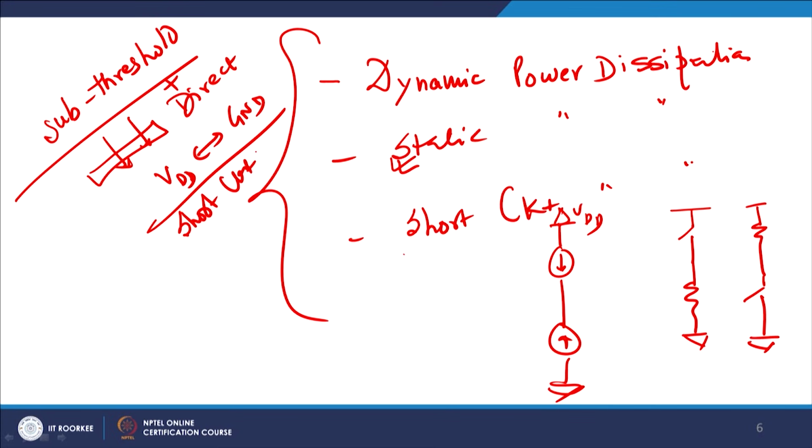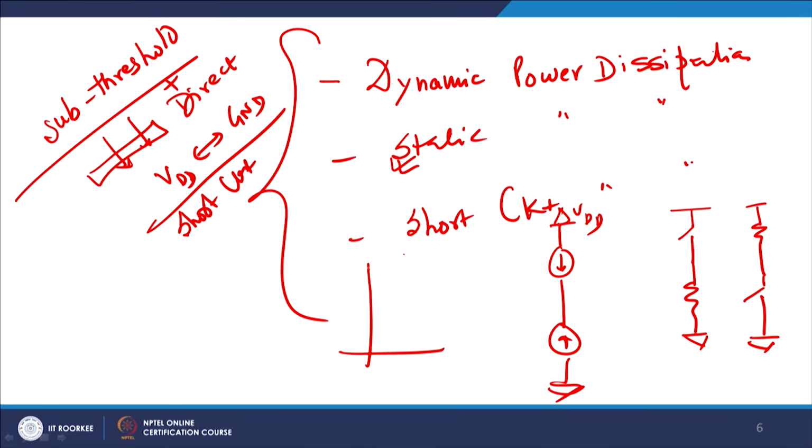There will be a short circuit current which is flowing through the device. And why is it very short? Because I have discussed with you in the previous turn when we were discussing VTC, that if you look at this point, this is the point I am talking about, VM, right. This movement is so fast across VM that it stays for a small duration of time, but in that small duration VDD is connected to ground, and as a result there will be a sudden peak in the current from VDD to ground.